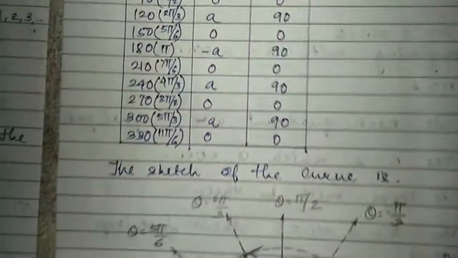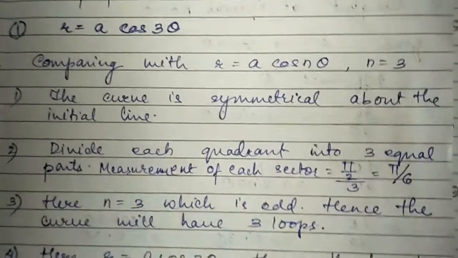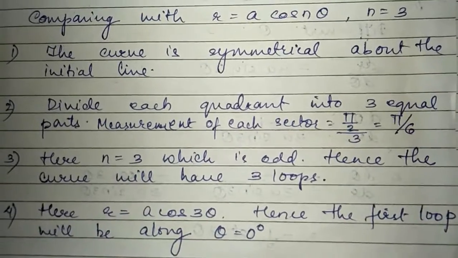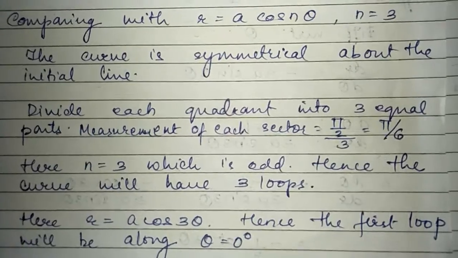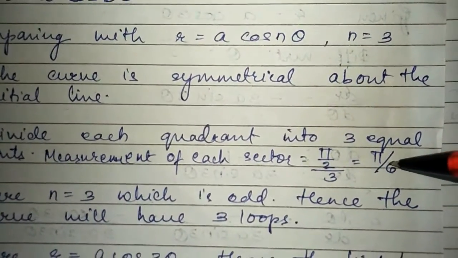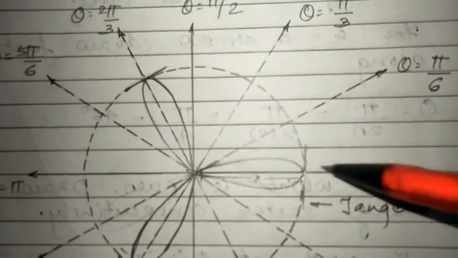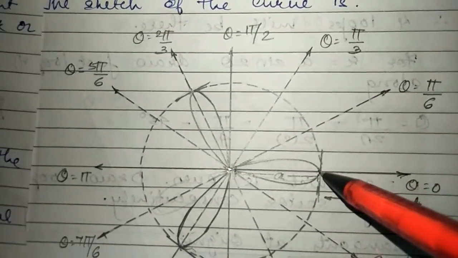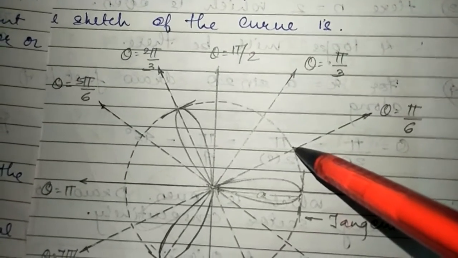So the first point we have seen is the curve is symmetrical about the initial line. Then we have to divide each quadrant into 3 equal parts, and the measurement of each sector will be pi by 6. So let's see, the curve will be like this. Now from theta is equal to 0 to the first sector, it will be theta is equal to pi by 6.